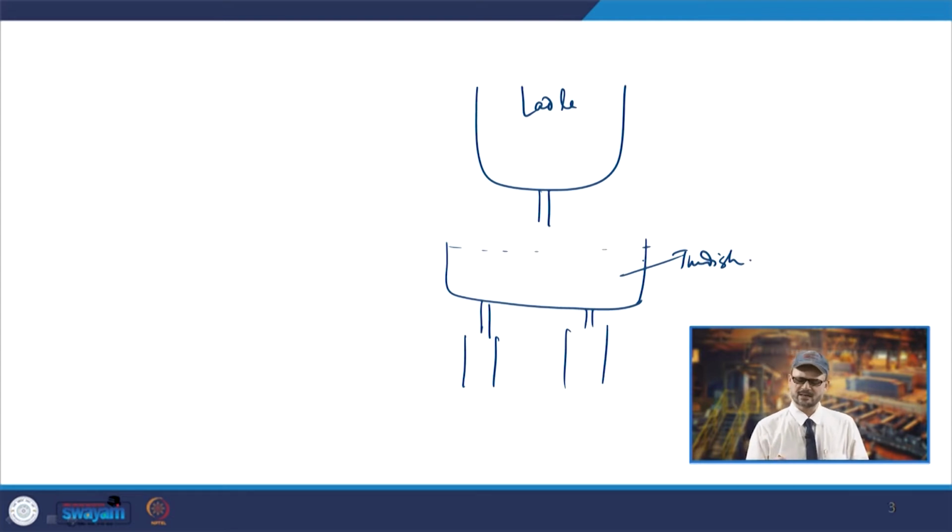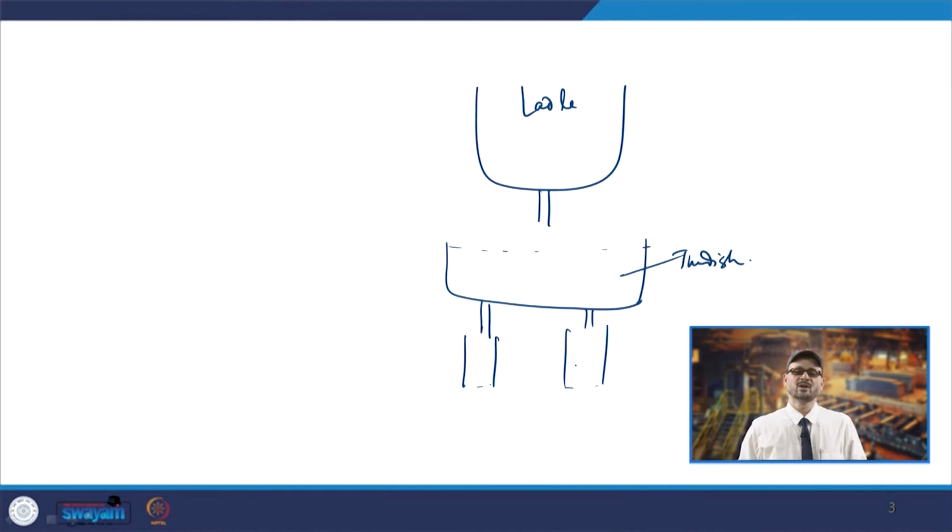Now, the Tundish needs to take care of the inclusions. If this is the last reservoir, and the inclusions in the Tundish go through this outlet and into the mold, then it is likely that they will go into the cast product, and that will be permanent damage, leading to the rejection of the product.